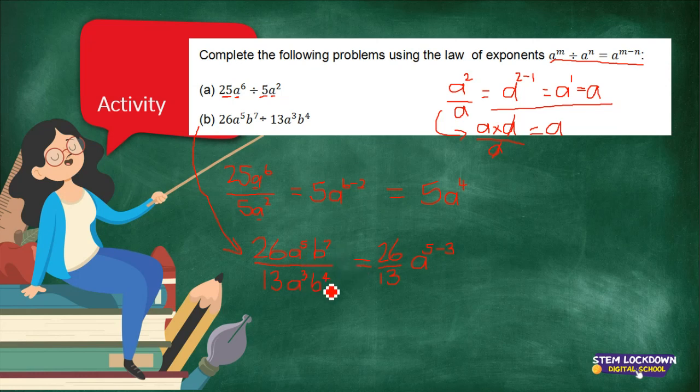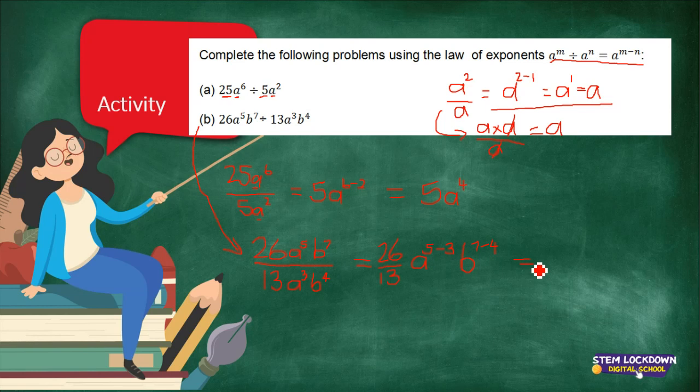Now I need to look at b's. Dividing, the powers, also known as exponents, must be subtracted according to the law, right? So I'll have 7 subtract 4. Now, what is my final answer?